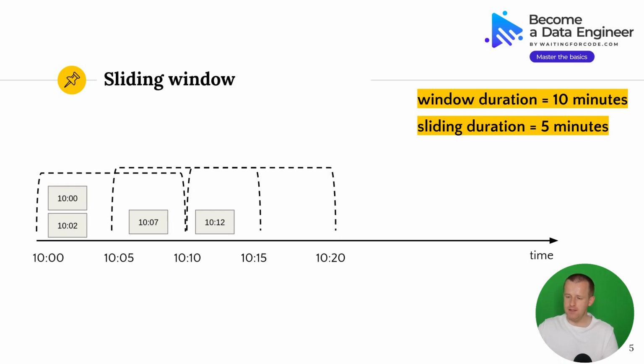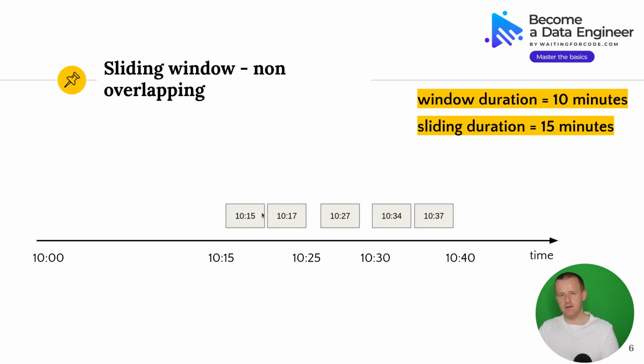And now when we apply this sliding window, you can see that we still have 3 windows, but this time they are overlapping because every 5 minutes we create a new window of 10 minutes. And you can see that 10:07 is included in the first window, from 10 to 10:10, and in the second window, from 10:05 to 10:15.